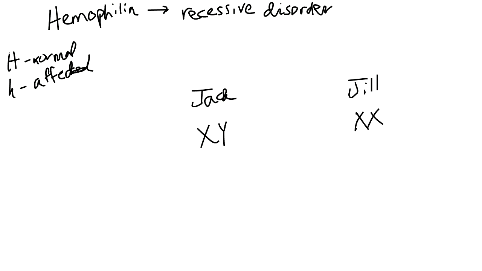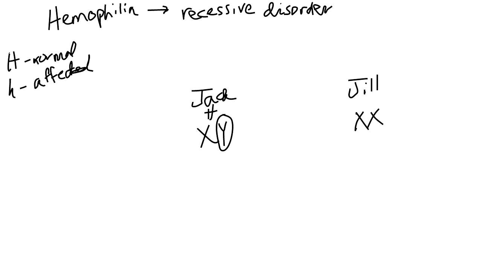That'll help us keep track. We don't put anything on the Y because this is not carried on the Y, it's only carried on the X. So the Y is sort of a placeholder there to tell us whether the children are going to be male or female in the Punnett square. But because we know Jack is normal, we're going to put a big H right up here with the X because we know he's not a hemophiliac.